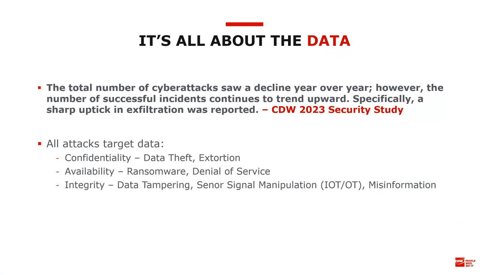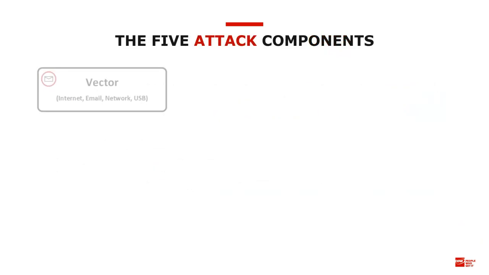It's really around that CIA triad that we all know so well for cybersecurity: confidentiality, availability, and integrity. Confidentiality would be things like data theft. Availability is things like denial of service, often ransomware if the encryption piece is being leveraged there. Or data integrity, so data tampering, misinformation, or in the case of IoT, sensor manipulation. So that's effectively what the attackers are going after.